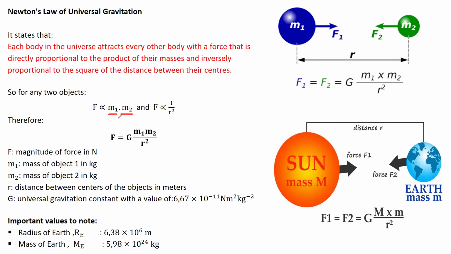So the forces are very insignificant. So I need you to get this. The force existing between two objects with large masses is directly proportional to the product of the masses, and inversely proportional to the square of the distance between their centers.